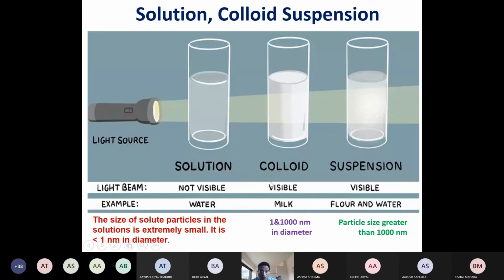In a colloid, the components are visible, for example milk, and particle size is between 1 nanometer and 1000 nanometer in diameter. In a suspension, the components are visible, for example flour and water, with particle size greater than 1000 nanometer. In this way, blood and muddy water are colloidal solutions.